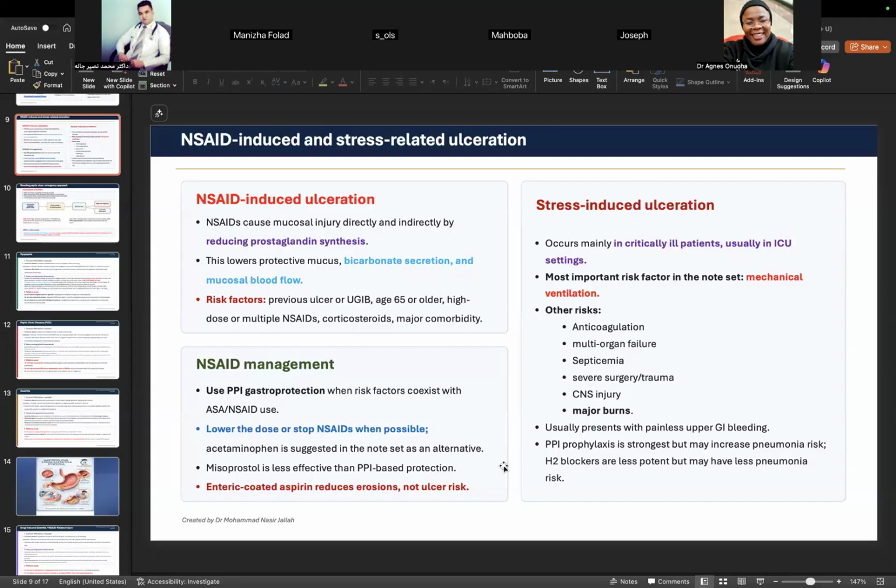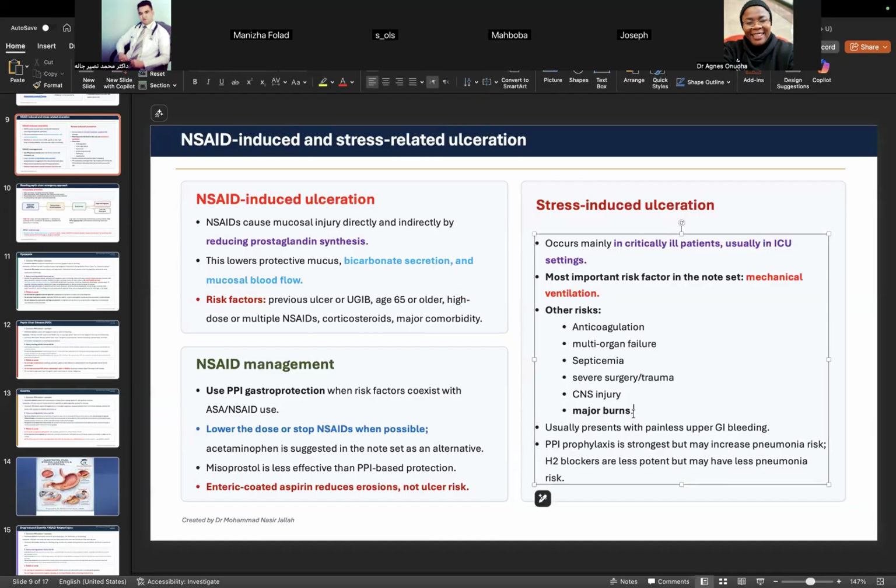It could be a very severe trauma, a severe burn, a severe injury, or a very severe illness that pressures your body so much that your body does not get enough blood in that area, so that area slowly starts to decay. Other risks could be anticoagulants, multi-organ failure, septicemia, severe surgery trauma, CNS injury, major burn.